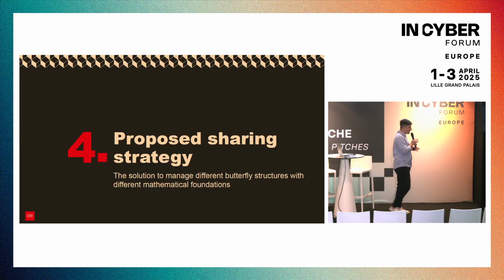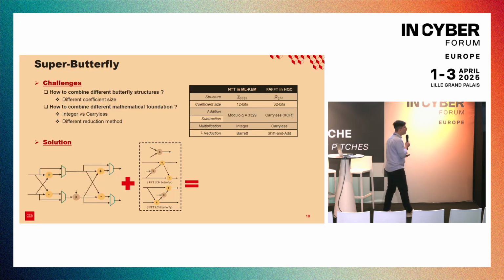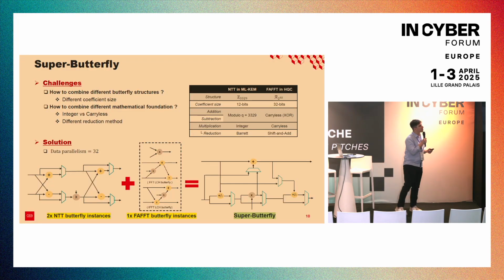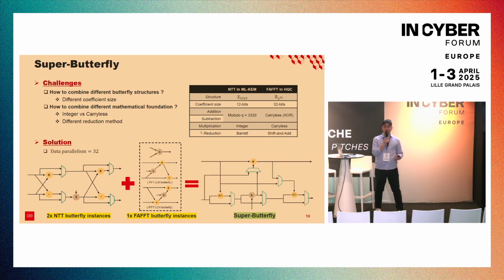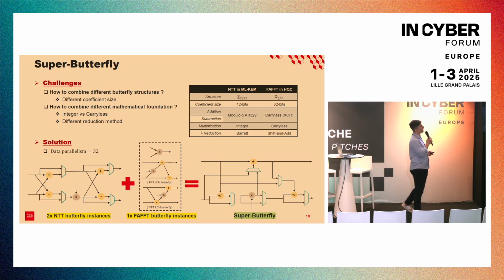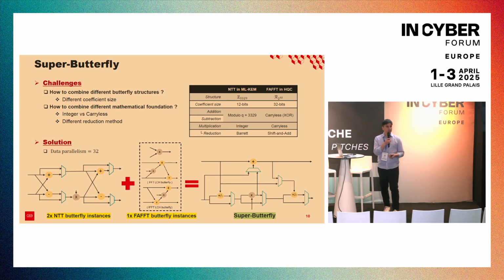Now we will go a little bit into the details of the real context of this presentation by explaining our hardware resource sharing strategy. Our idea is to propose a configurable hardware design which is called the Super Butterfly, which is able to replicate and to perform all the different butterfly structures seen along the target polynomial multiplication operations.